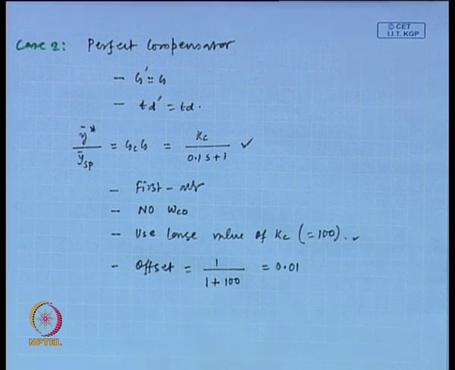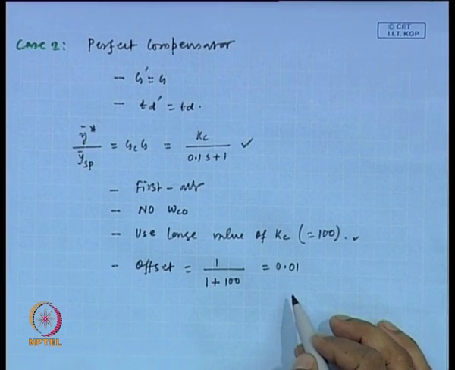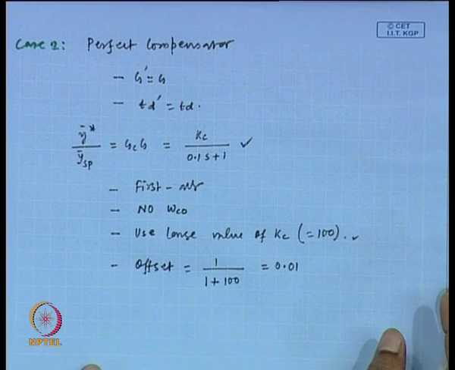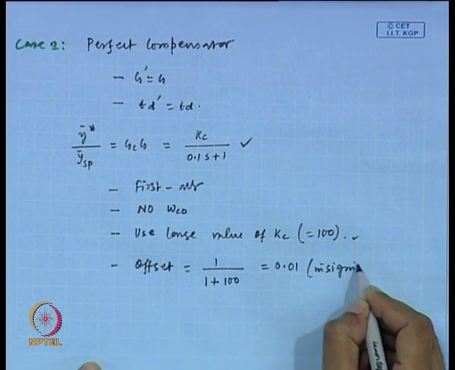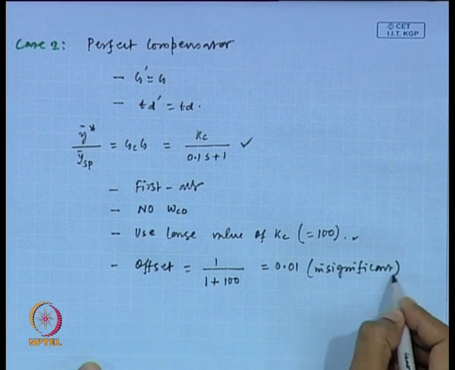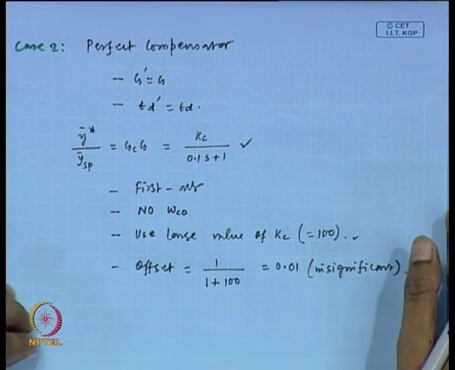With using perfect compensator, we are getting insignificant offset. Fine. But we mentioned that in practice Z and Td, they are not known exactly. So, that we will consider in case 3.